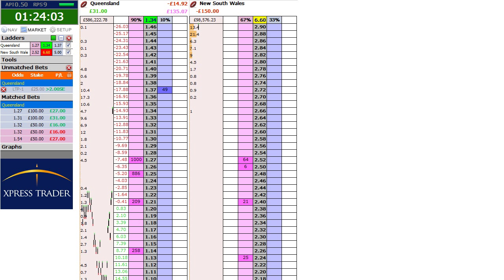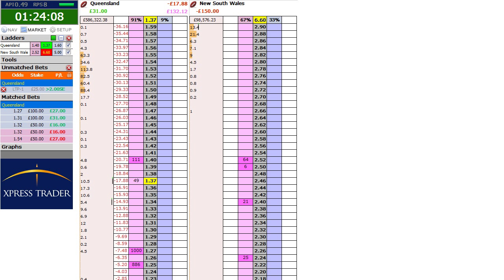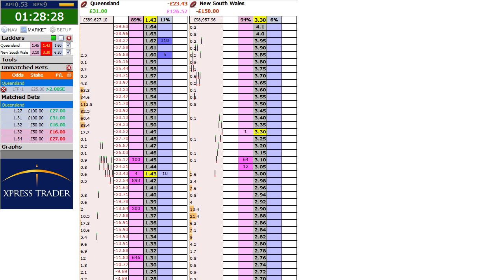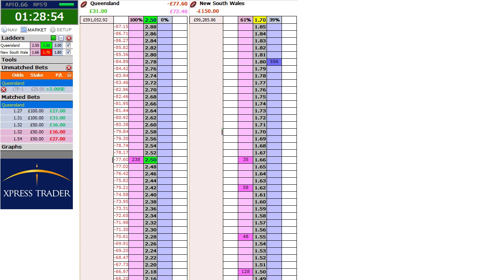Now New South Wales have scored a try here, and that brought the Queensland price back up to about 1.40, 1.43 there it's traded, and now that puts us in a potential losing position.